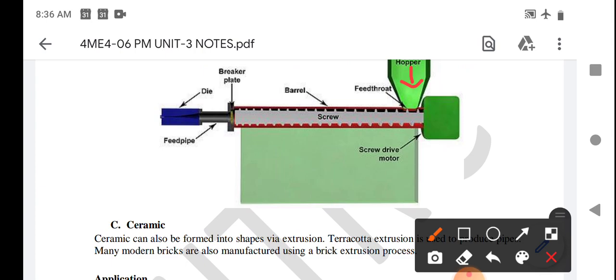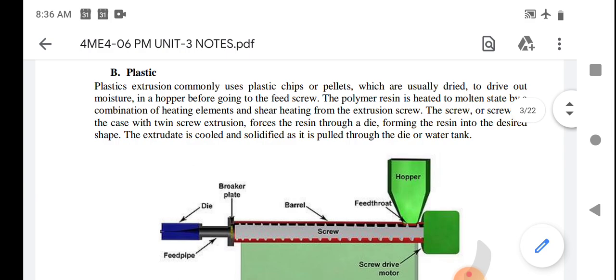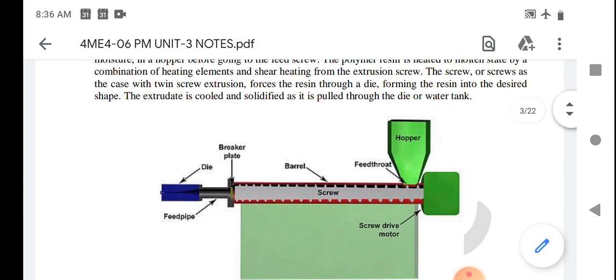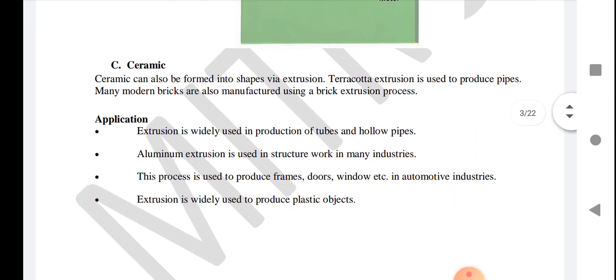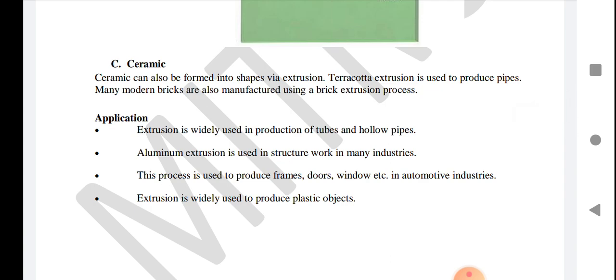With the help of a screw drive motor, we forcefully inject it into this die and it takes the shape. That is plastic extrusion process. Now ceramics like bricks or beams are also made with this process.